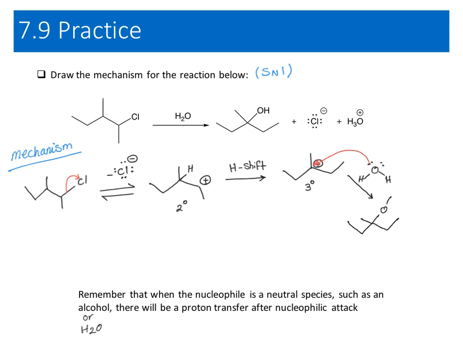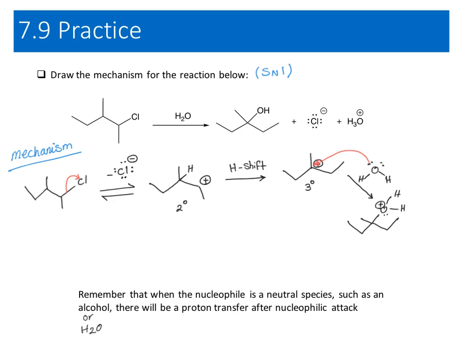Now, oxygen with 3 bonds is positively charged. So if you compare this structure and the structure of alcohol, which is our product, how can we convert this structure to the desired product? So obviously oxygen should lose one of its protons.